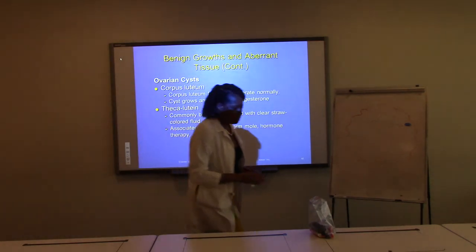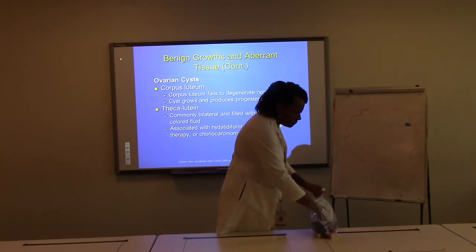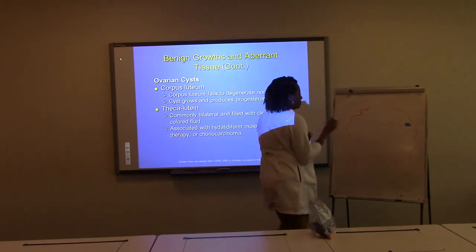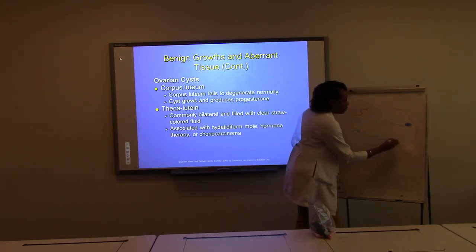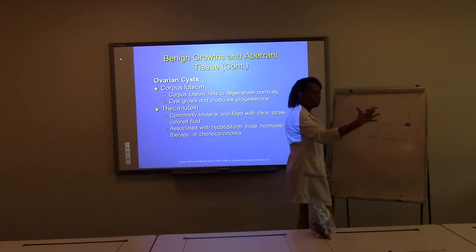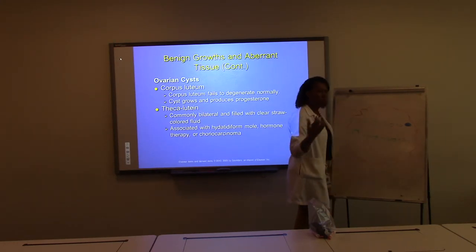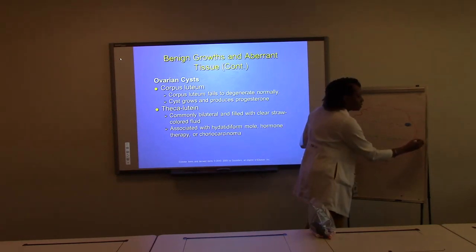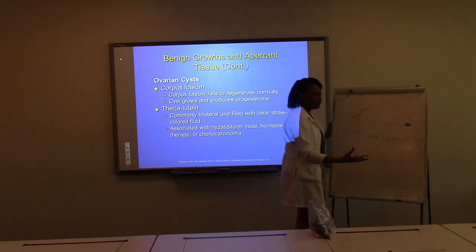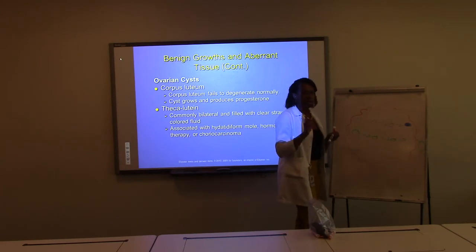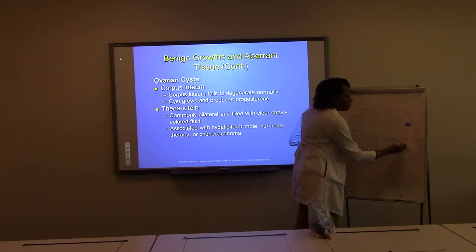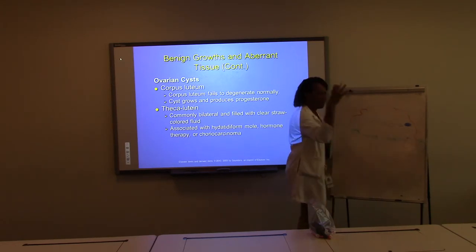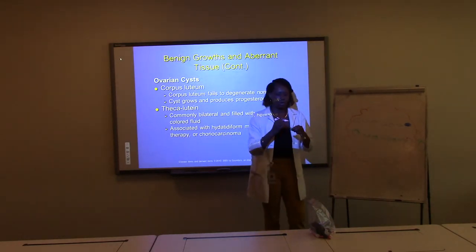Now the next type that we want to cover is the corpus luteum type. This is where the ovum goes through the maturation process, as we talked about before. However, this one is a little different because the egg is actually released out of the ovary. The problem lies with this: once the egg is released, we have the corpus luteum, which covers the egg almost like a shell.